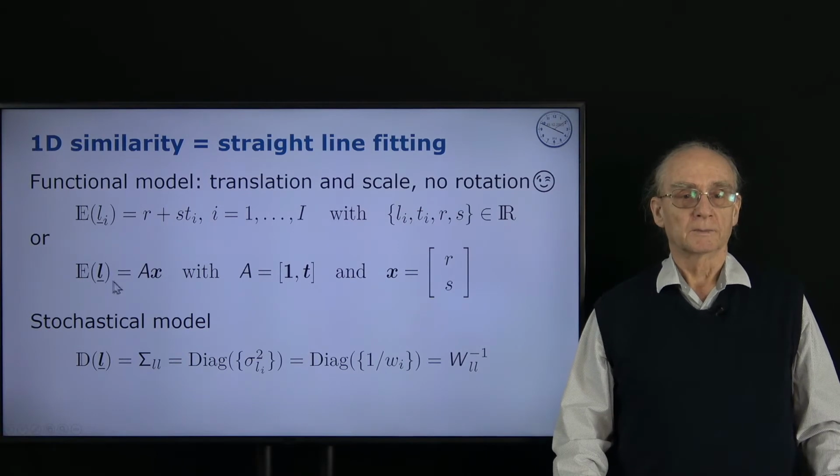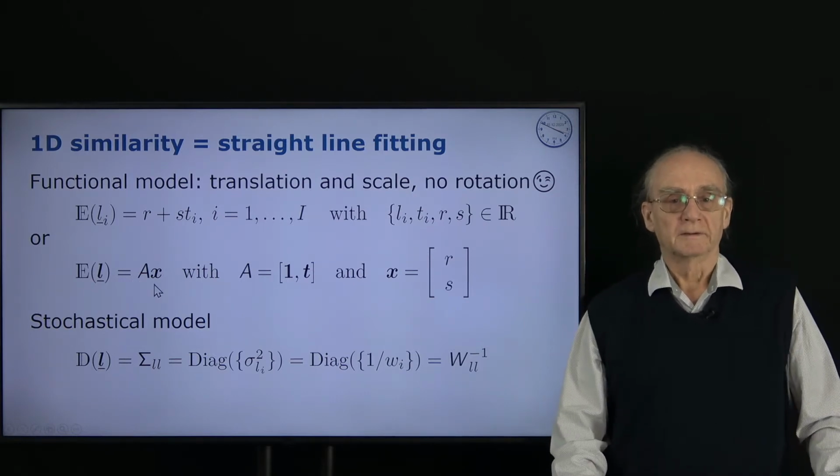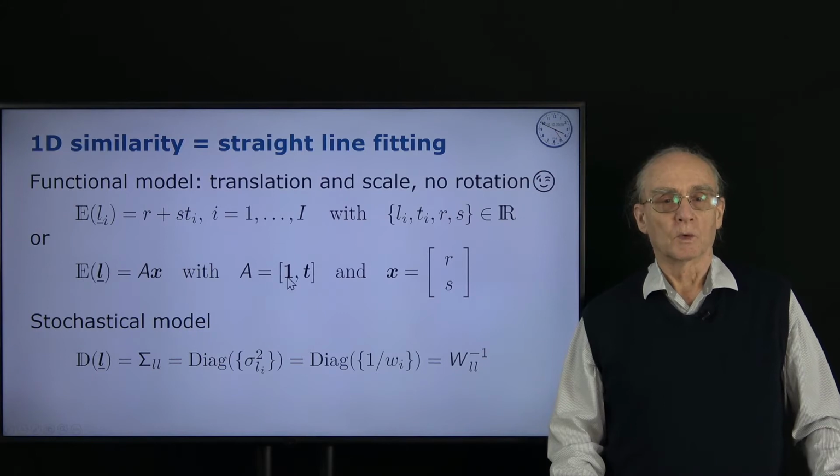That means we can put them together in the observation vector and have this classical setup of our Gauss-Markov model. In this case, the design matrix, or Jacobian, has the 1 vector, because it's 1 times R, and here we have t times S, which is our S multiplied with all these elements of t.